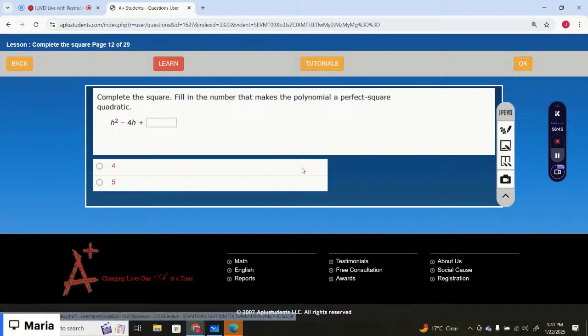That is h square minus 4h plus 4. Option number 1 is the correct option. Okay, you can complete the lesson by yourself later today.